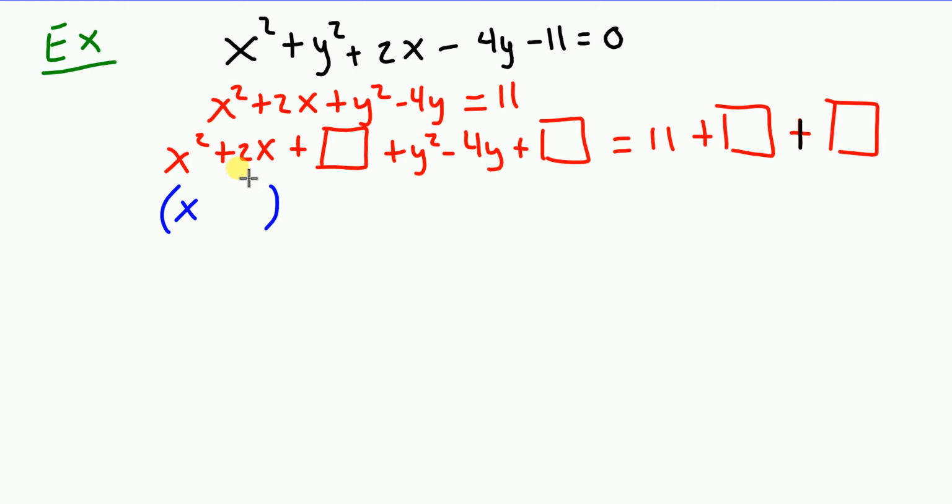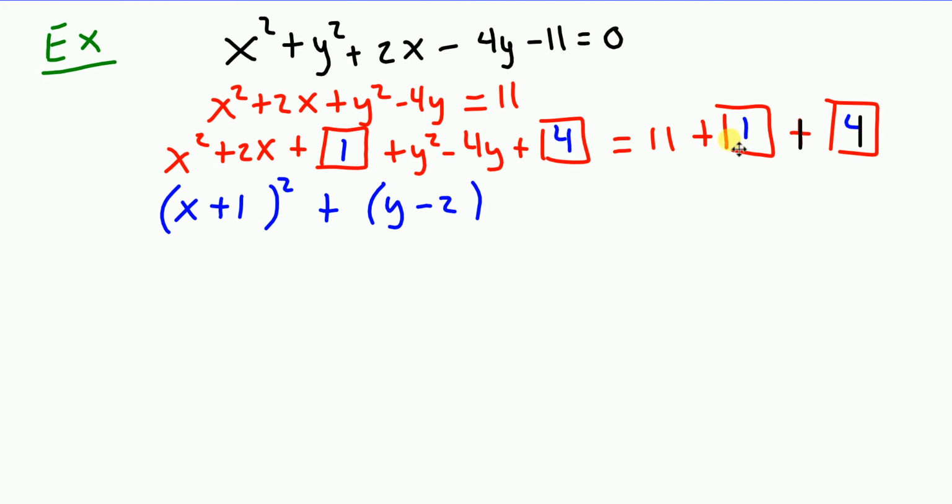What's half of this number? Half of 2 is 1, so plus 1. Square it, 1 squared is just 1. Do it again with the y's. Draw your parentheses, bring down your variable. Half of negative 4 is negative 2. Square it, positive 4.